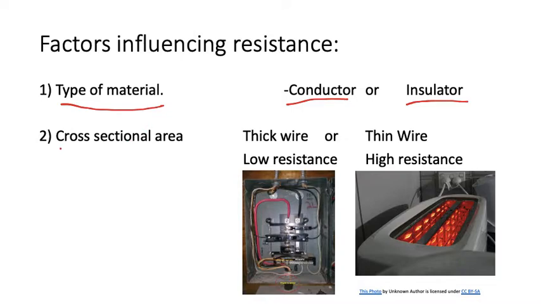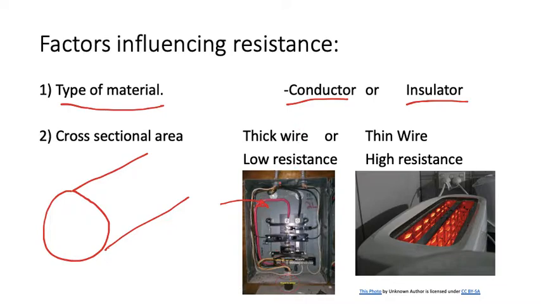The second factor influencing resistance is cross-sectional area of the conductor. And this just means how big around is the cable. And you can see here, we have a very, very thick red cable right there, carrying a lot of current.